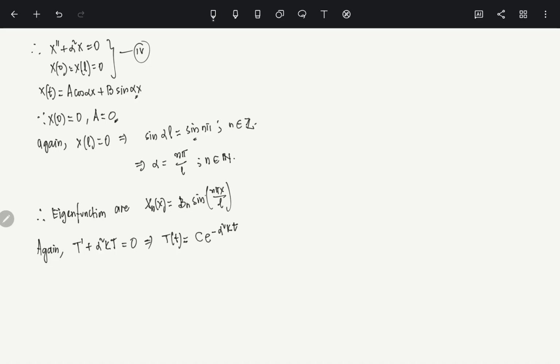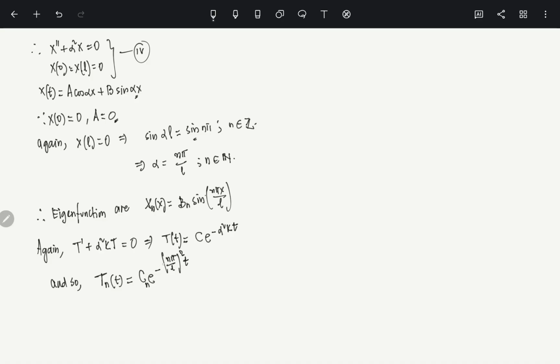Now we already know what alpha is, so you can just put that in the equation, and so for each n, t n of t will be a solution. That is a constant, depending on n of course, times e power minus n pi by L squared times kt. Is it okay?